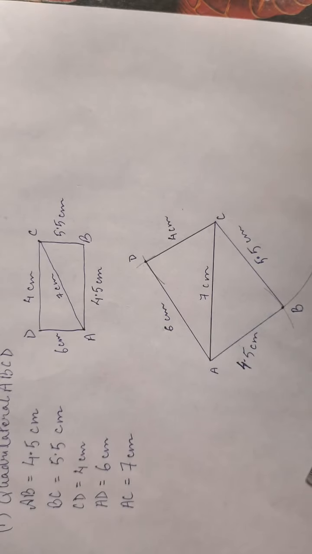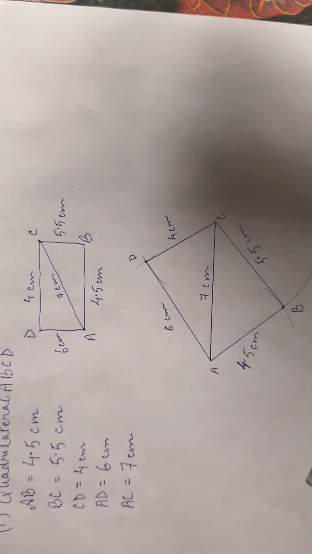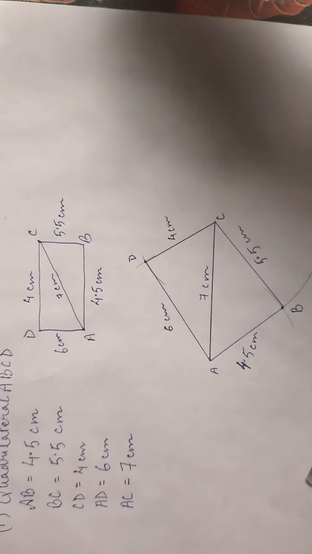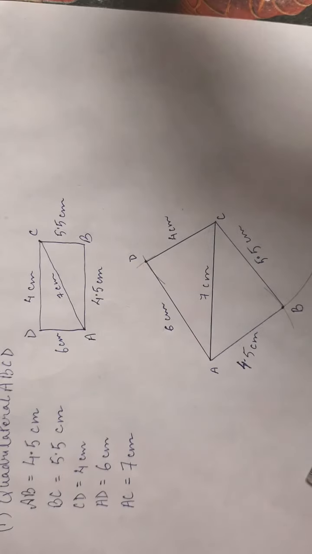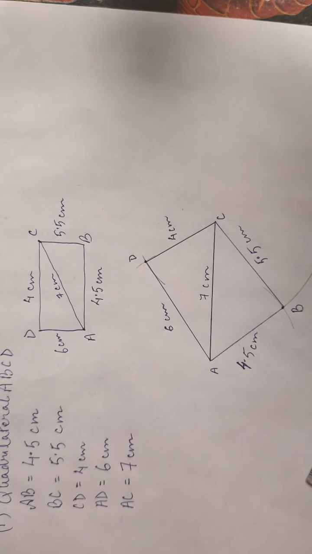So children, we are done with the quadrilateral. So we have completed our construction of quadrilateral ABCD. Okay, so this is the way you will construct a quadrilateral when 4 sides are given and 1 diagonal is given, okay?